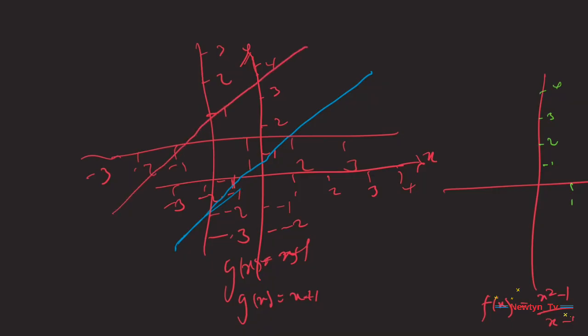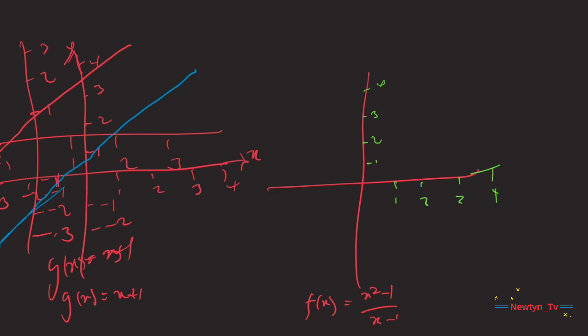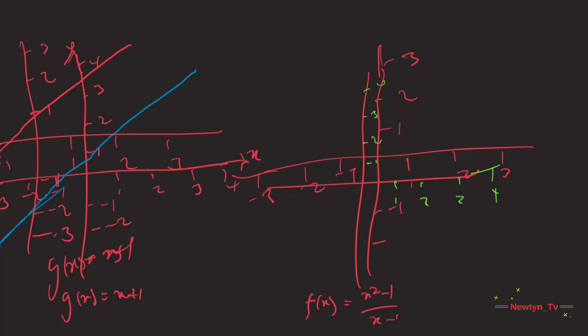Then for the other graph, f of x, we mark 1, 2, 3 and negative 1, negative 2, negative 3 on the y-axis and x-axis.